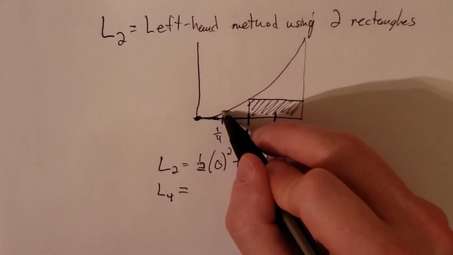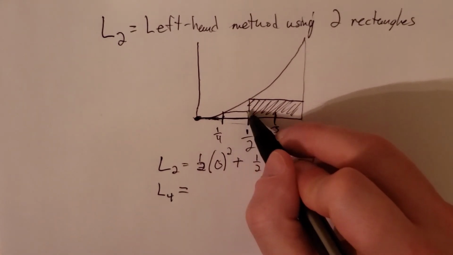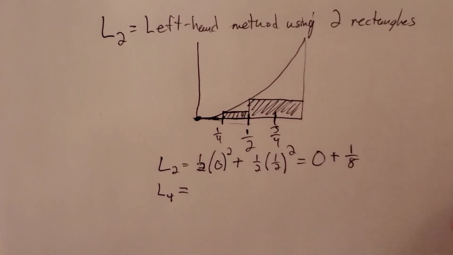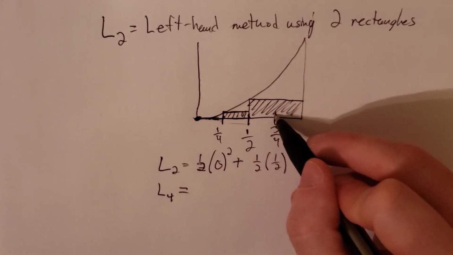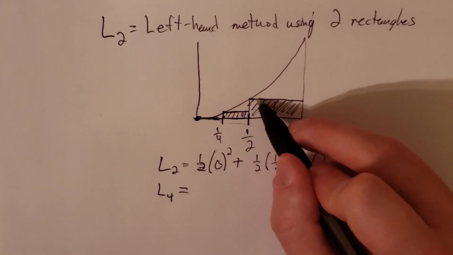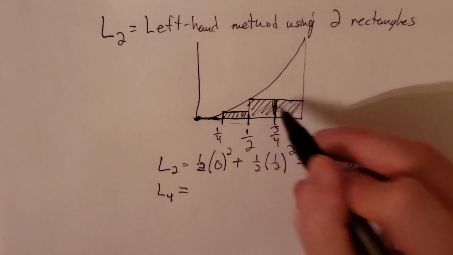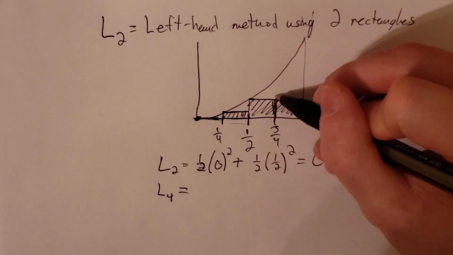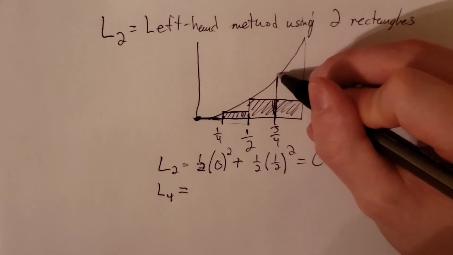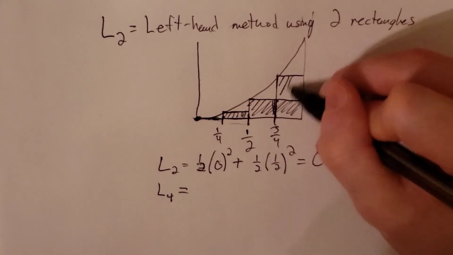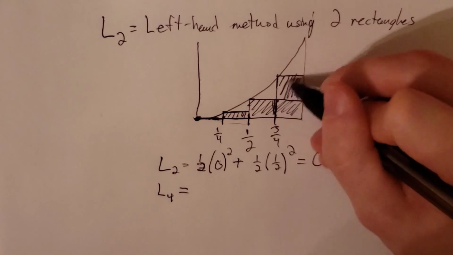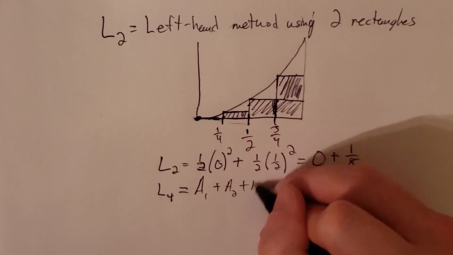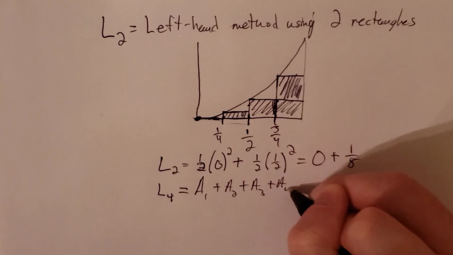Our second interval is now a height of 1/4 squared times the width of 1/4. Our third interval is now a height of 1/2 squared times the interval of 1/4. And our fourth interval is now a height of 3/4 squared times a width of 1/4. And so, again, we can call it A1 plus A2 plus A3 plus A4.